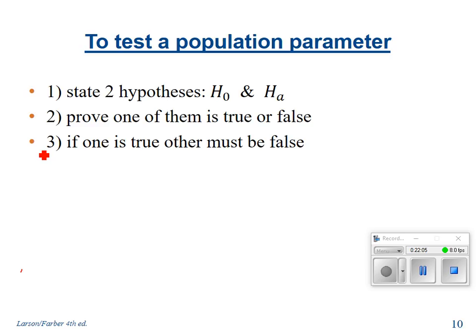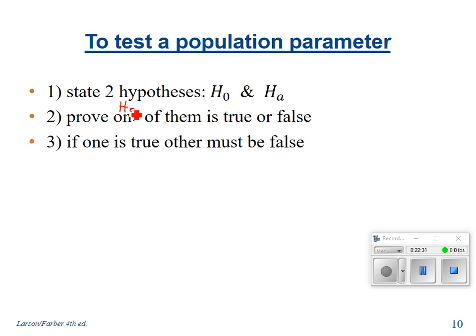Then we're going to go through and prove that one of them is true or false. What we'll actually base this on, I didn't write this right, is that we go through and actually prove the null.